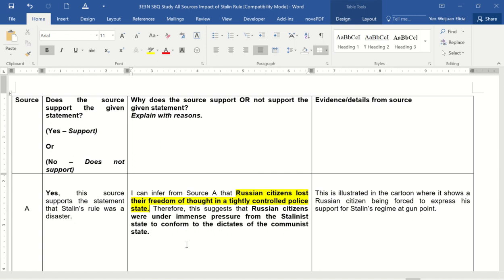Okay, if you are already done, can you turn to look at source B and see how source B answers the statement?